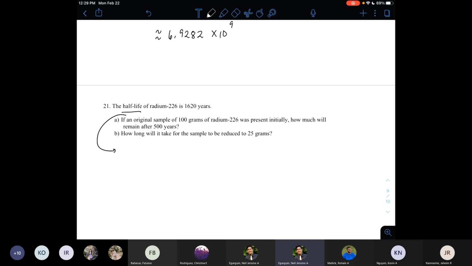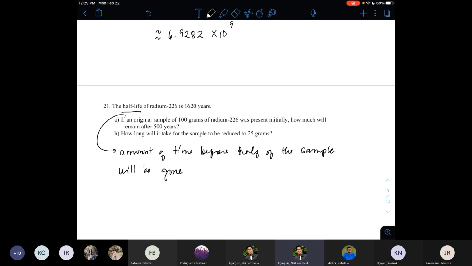So half-life is the amount of time before half of the sample will be gone. So if you have 100 grams, say, of radium right now, then after 1620 years, you will just have 50 grams left.